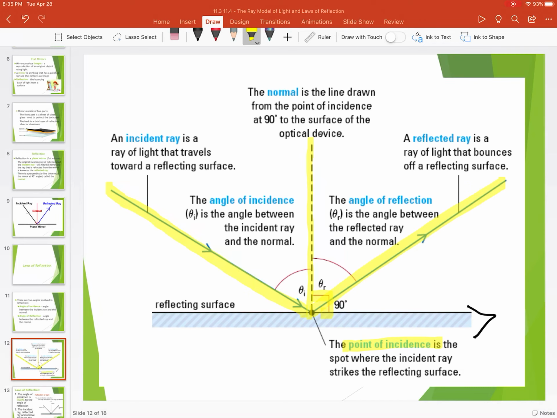The angle between the incident ray and the normal is our angle of incidence, represented with the angle symbol and a little i. And the space between our reflected ray and our normal is represented by the angle of reflection, again with the angle symbol and a lowercase r.